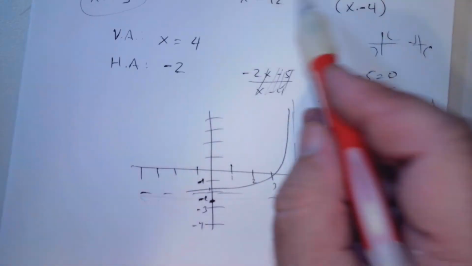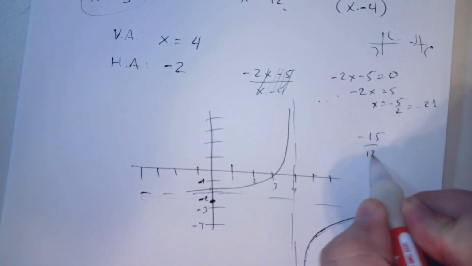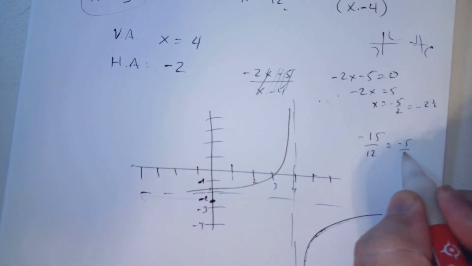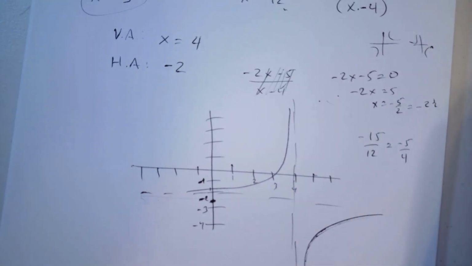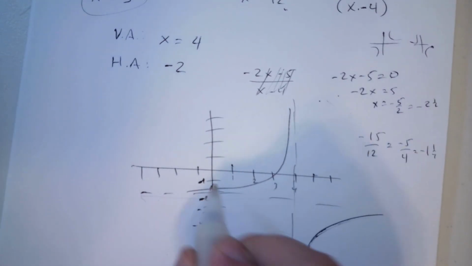Oh, the y-intercept, I'm sorry, it's negative 15 over 12. 3 goes into both of those, so just negative 5 over 4. That's what it is. So it's negative 1 and 1/4. Just put it right there.